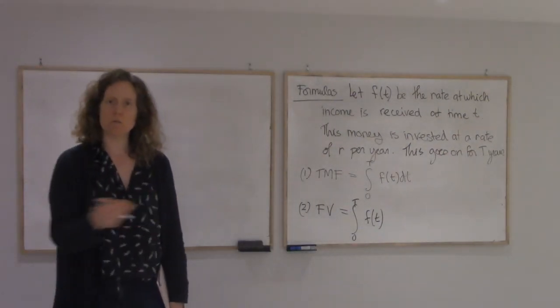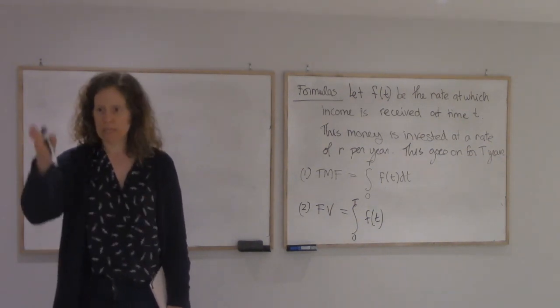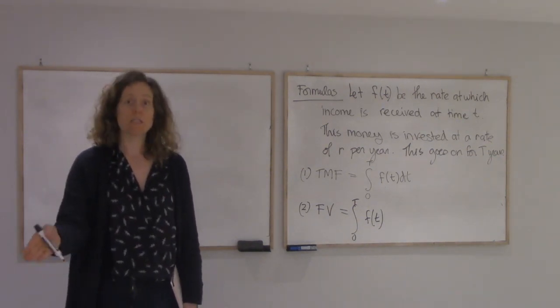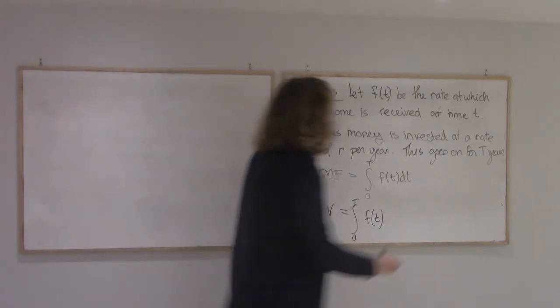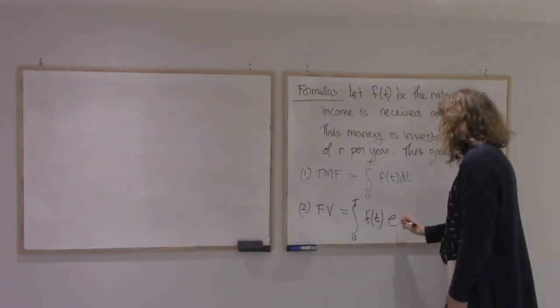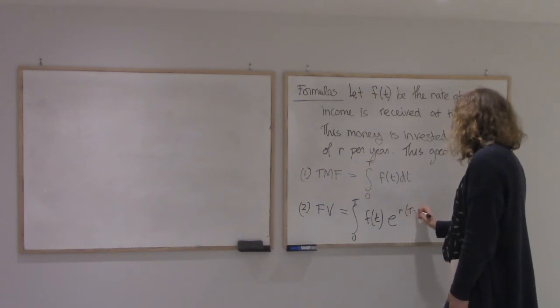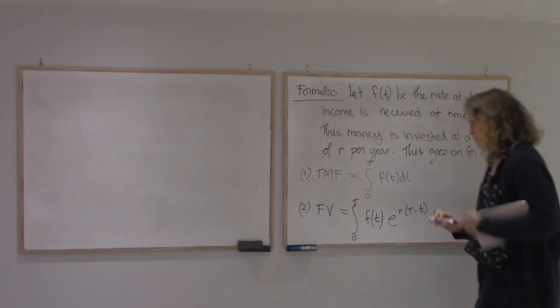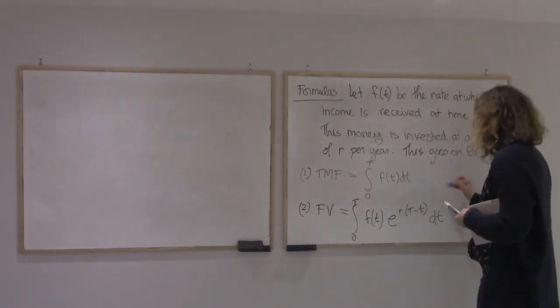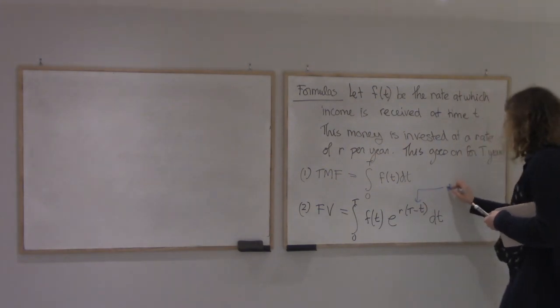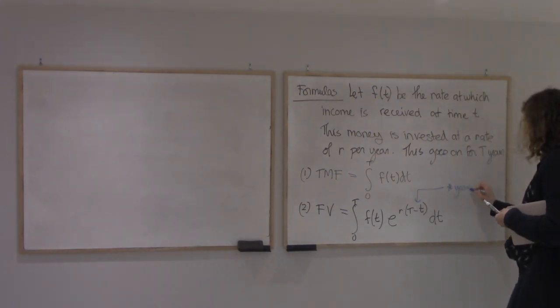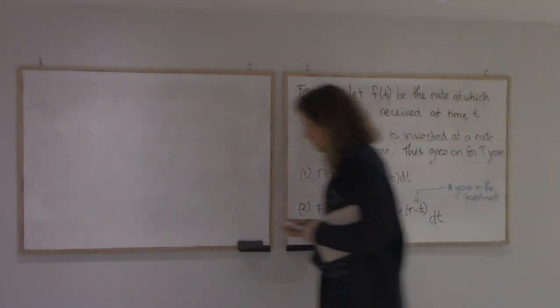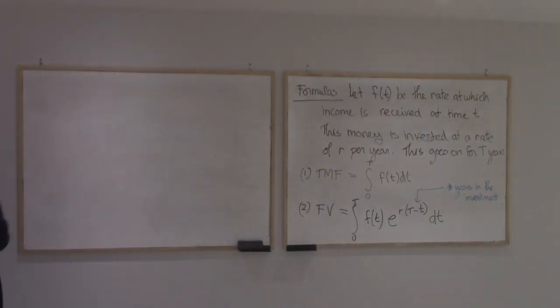I still get to earn interest on it from time t, small t, to time big T. So that means that I'll get interest for T minus little t years. So that big T minus little t is the number of years in the investment.